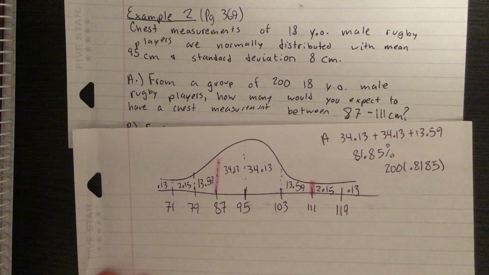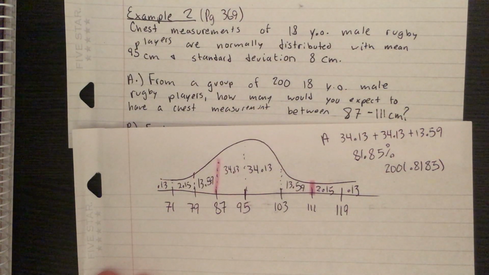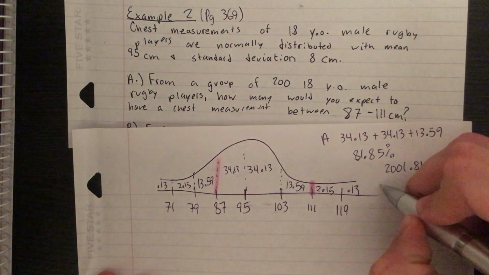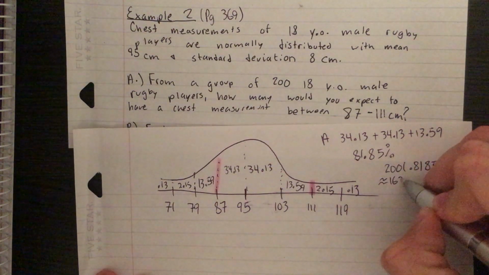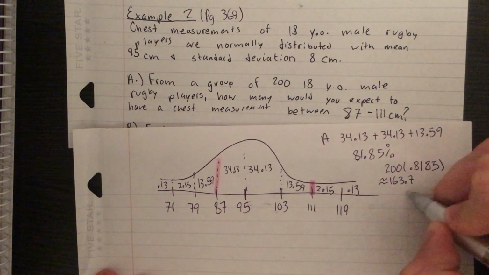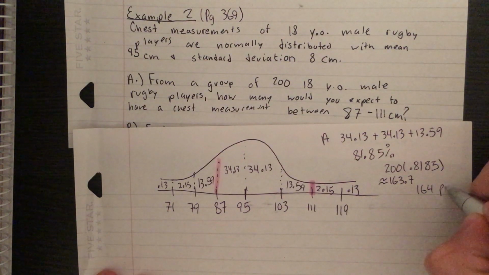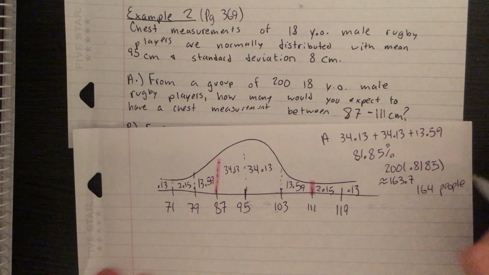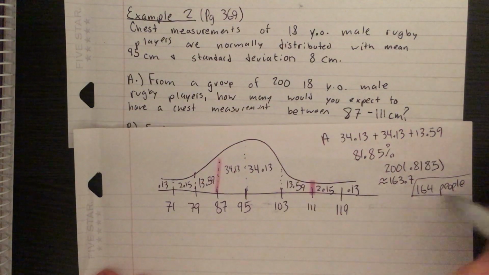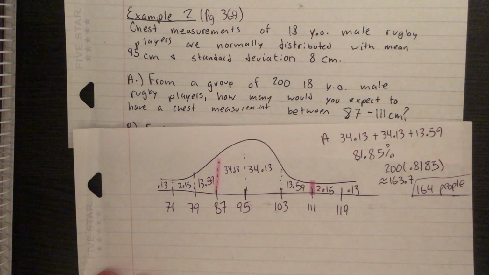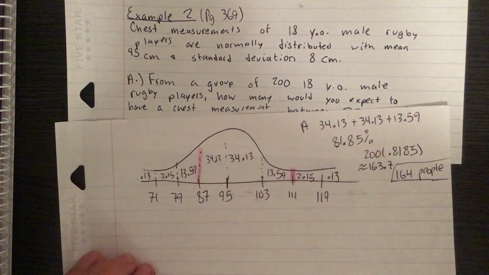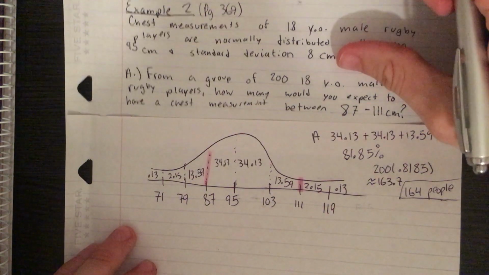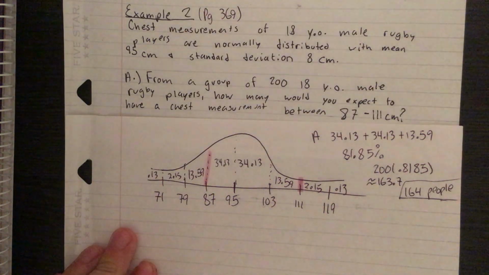That's roughly 163.7, which we're going to call 164 people.